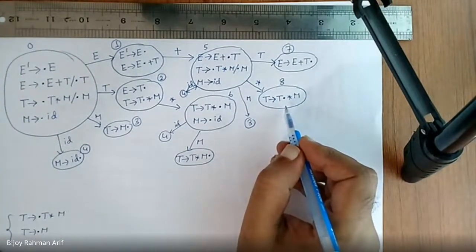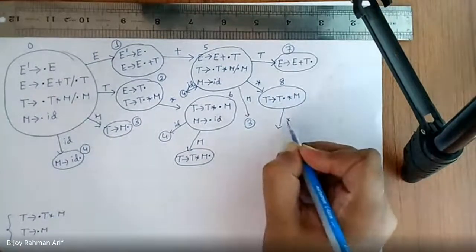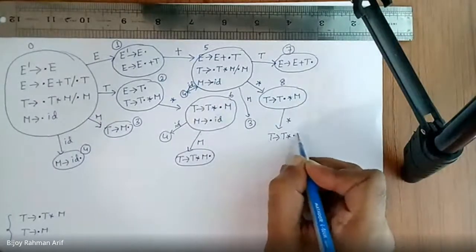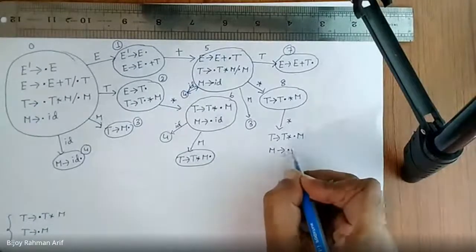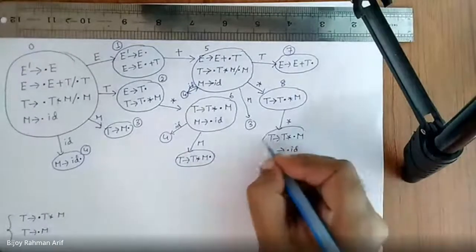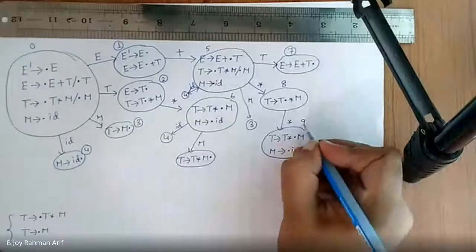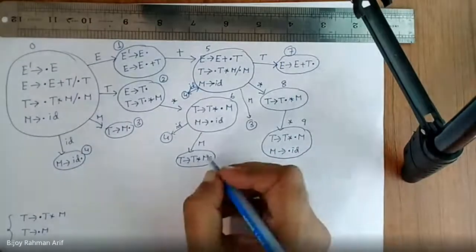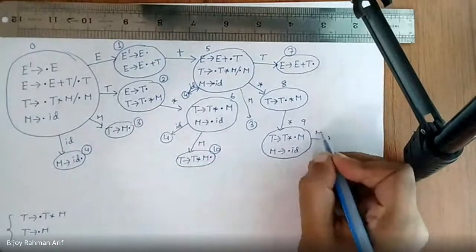Moving on star, we're going to T derives T star dot M. Just after the closure there is an M, so we have to put M derives dot ID. Let's call it 9. Now we missed this. Let's call it 10. It's the final one. Moving on M, we are going to 10.